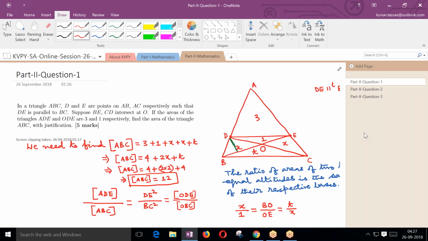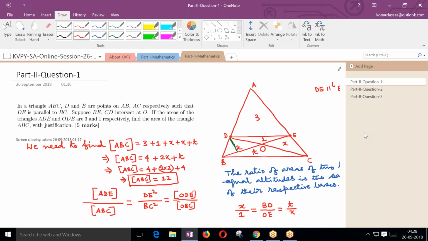But we should not be bothered about whether it is descriptive or objective. We should only bother about how to solve the question, because all of a sudden you may get a descriptive question, because there is no hard and fast rule given by KVPY that it has to be always objective. But then also you should be comfortable.